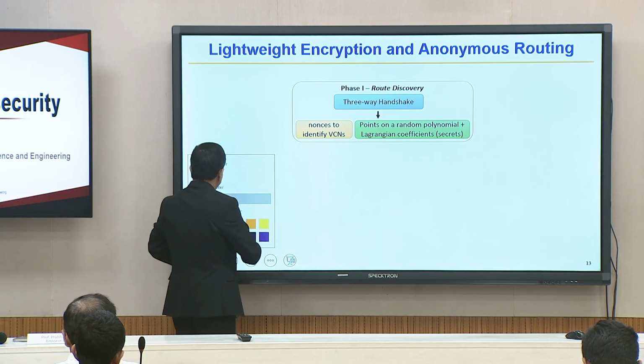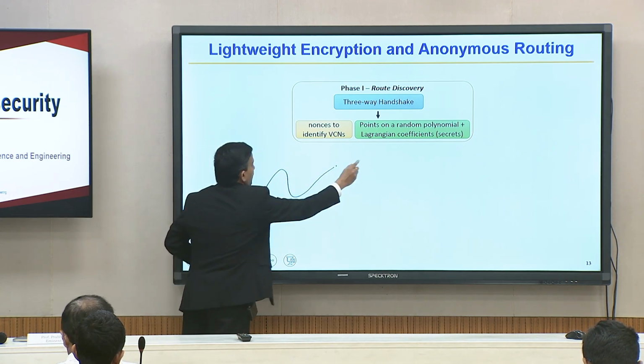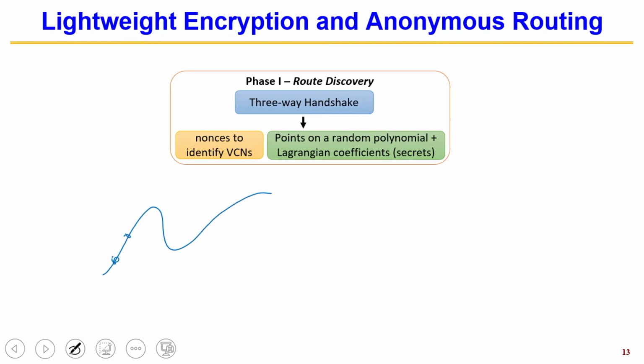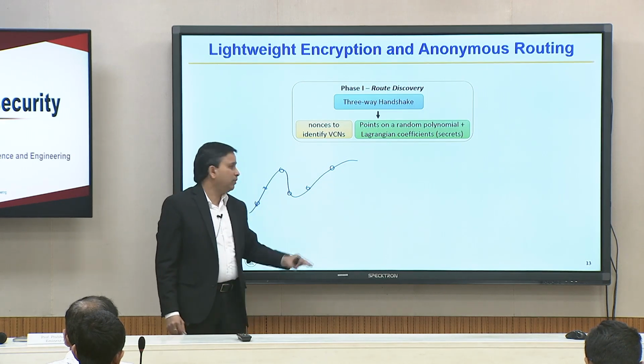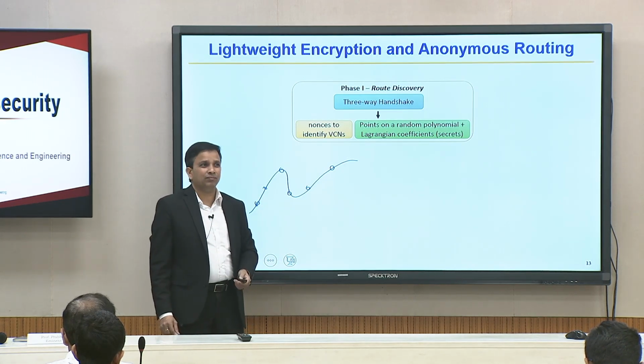So, if you take points on the curve, that is how our solution actually works. If you take points on that Lagrange polynomial, unless the attacker, whoever the malicious person is, can compromise all the nodes in the path, it will not be able to figure out the message.